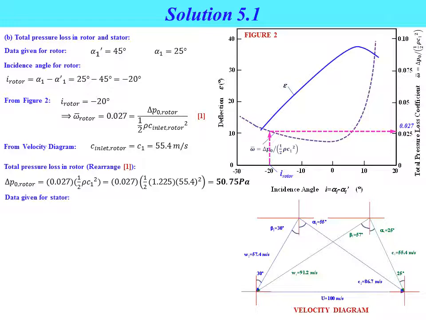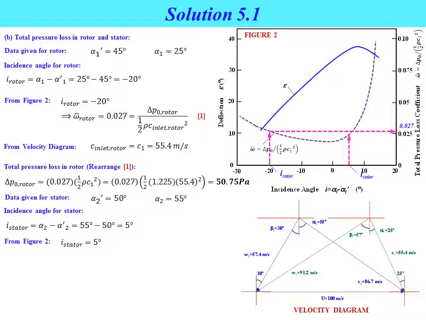Okay, for the stator, data given for the stator: alpha 2 prime equal to 50 degree, alpha 2 equal to 55 degree. We can determine the incident angle for the stator, where I stator equal to 5 degree. By referring to figure number 2 and the value of I stator, we can determine the value of omega bar for the stator.